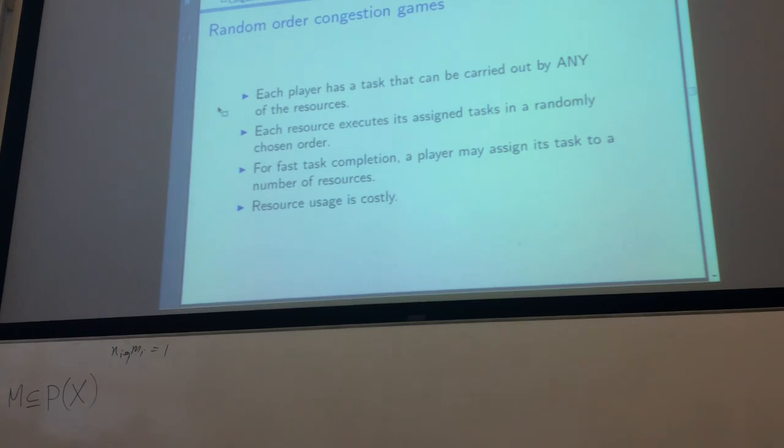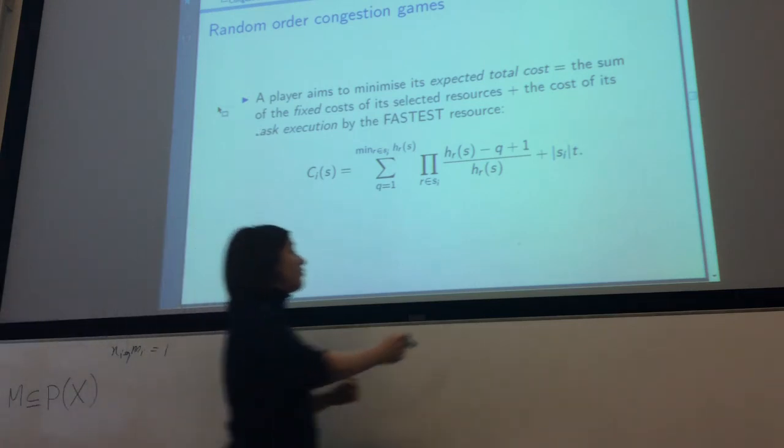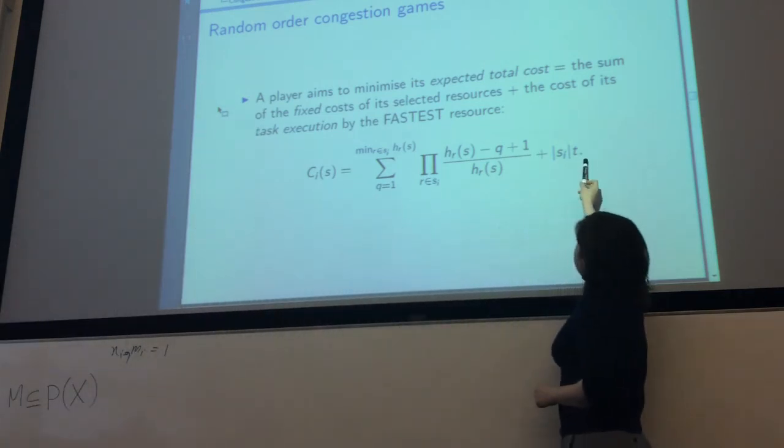And of course, if there is no cost for using the resources, then you would submit to all of them, so there is a cost. Your total cost in this model is the sum of costs. There is a fixed cost for the use of each resource, and this is how many resources you use here.